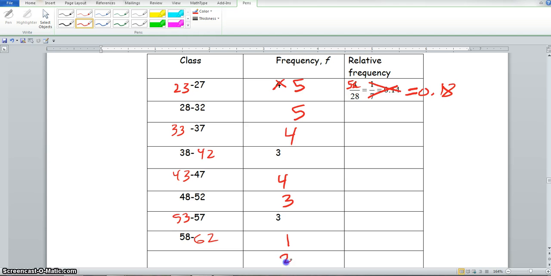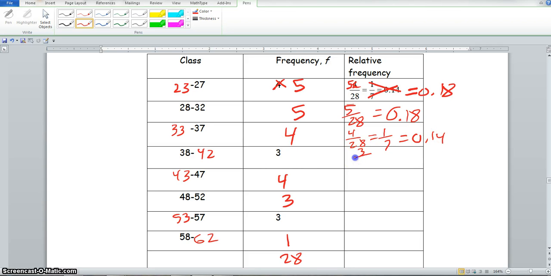Remember, our total frequency is 28. So what we would do is take the class frequency divided by the total amount of numbers that we have. So this will also be 5 over 28, which is equal to 0.18. Now this right here gives us 4 over 28, which is the same thing as 1/7, and 1 divided by 7 gives us about 0.14.